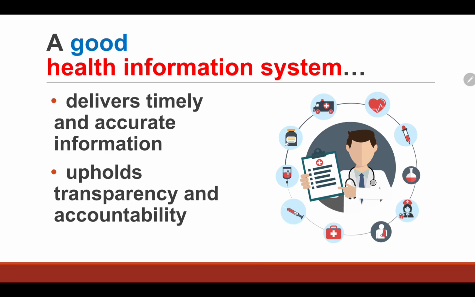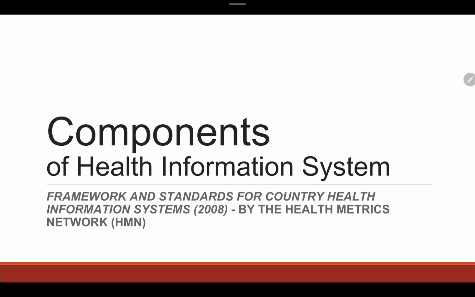Okay? So, next, we're going to talk about the components of your HIS. The Health Metrics Network was a global health partnership focused on strengthening health information systems in low and middle income countries. The framework and standards for country health information systems in 2008 was created by our Health Metrics Network.